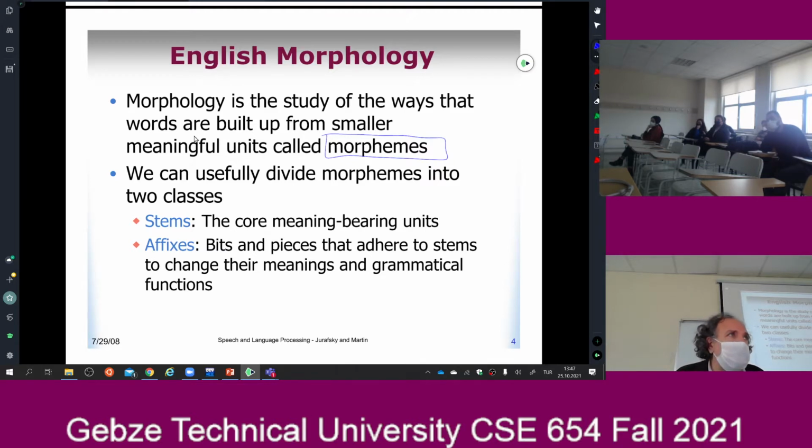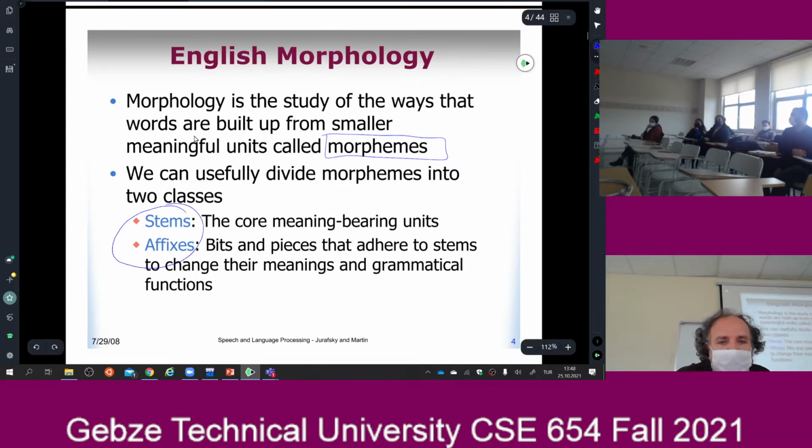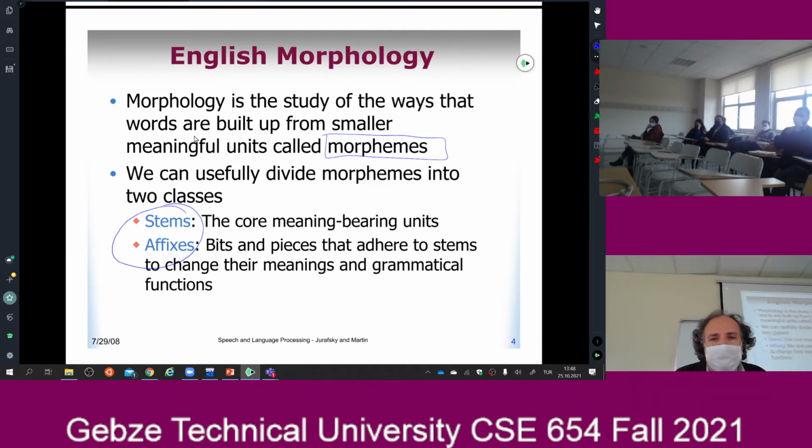In Turkish usually we use suffixes, sonekler daha çok. So affixes are bits and pieces that adhere to stems to change their meanings and grammatical functions. So we are going to deal with these kökler ve ekler in morphology.